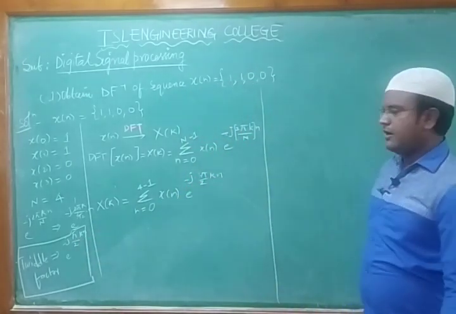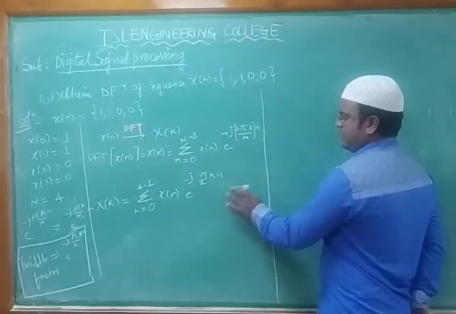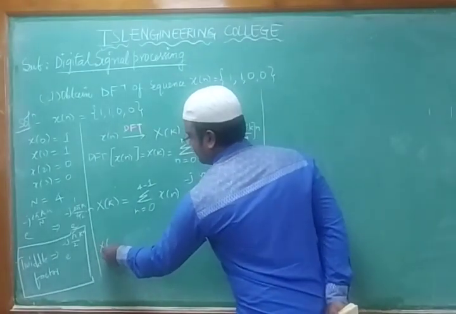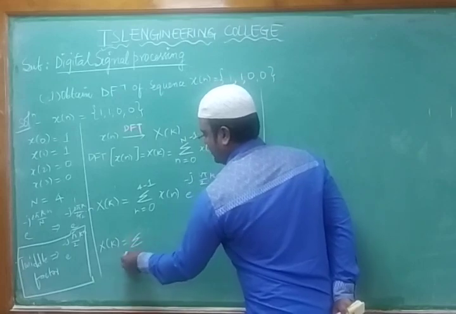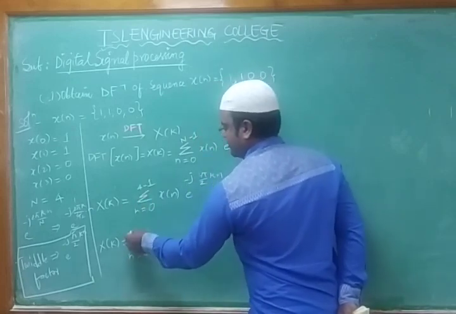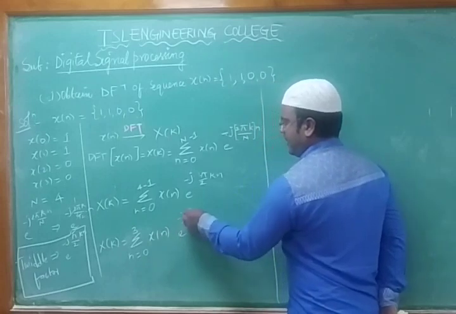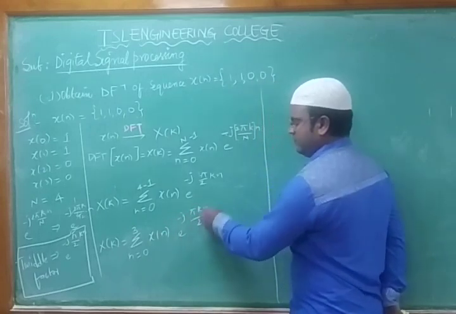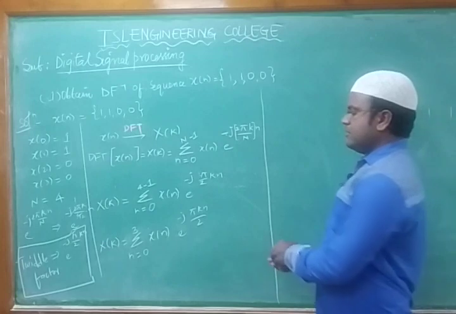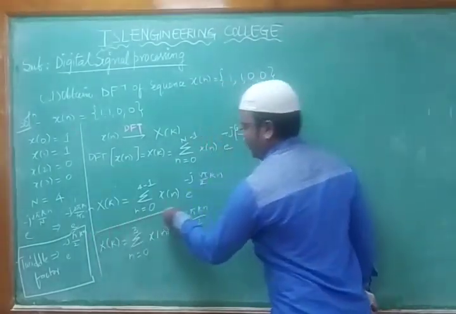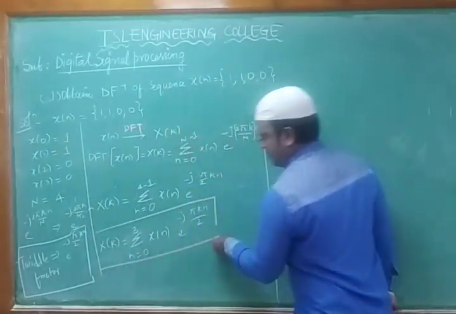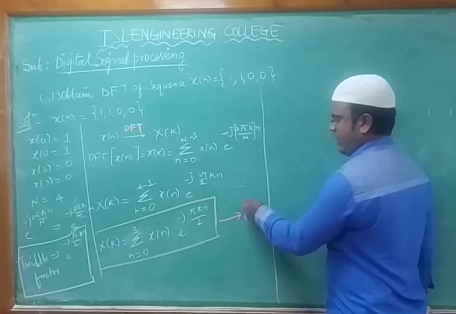Let it be your equation 1. So x of k is the summation n equals 0 to 4 minus 1 is 3 of x of n e power minus j pi kn by 2. Now this is your main equation, let it be equation 1.